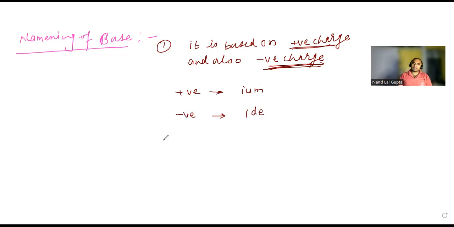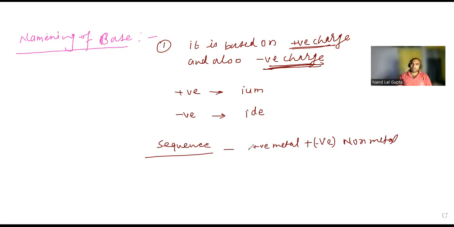And what is the sequence? The sequence is positive metal plus negative non-metal. This is going to be the naming order: positive metal and negative non-metal.